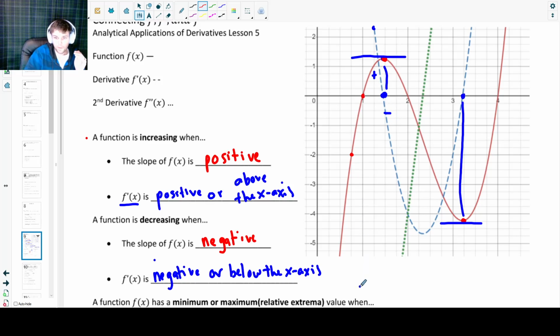So it goes from increasing to decreasing, and so we get that maximum value up there. And in this situation over here, the derivative goes from being negative, below the x-axis, to being positive, above the x-axis. We can see again, it goes from decreasing to increasing, causing us to have this relative minimum point there. We'll go ahead and get rid of that stuff.